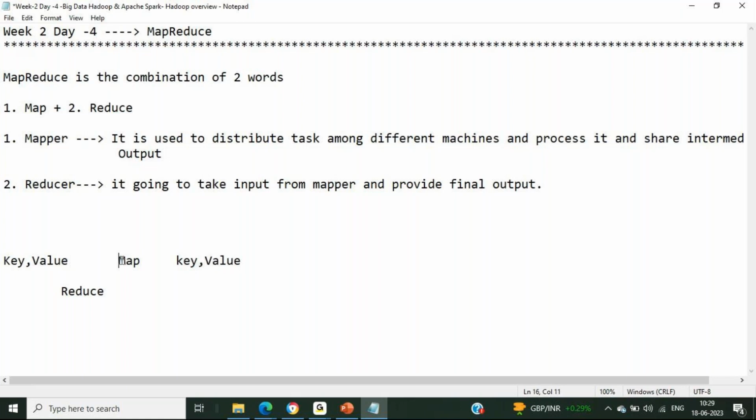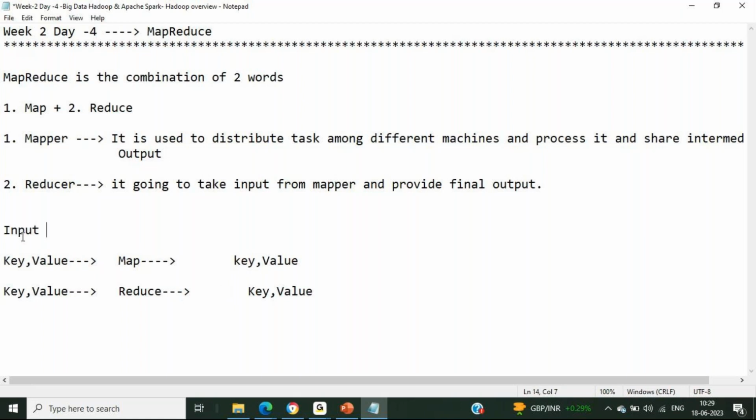It is giving me the outcome in the key and value format. I'm going to take certain examples to give you the understanding, but at this point you can think in this way. The mapper takes input in key and value pair and provides the outcome in key and value pair. In the same fashion, the reducer takes input in key and value pair and provides the outcome in key and value pair.